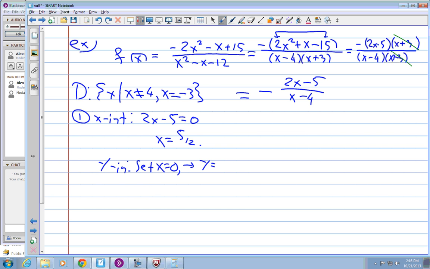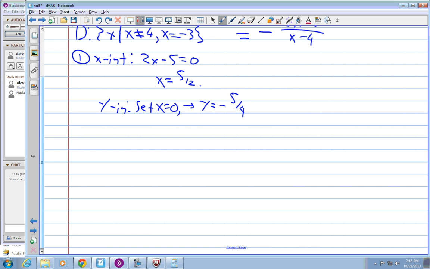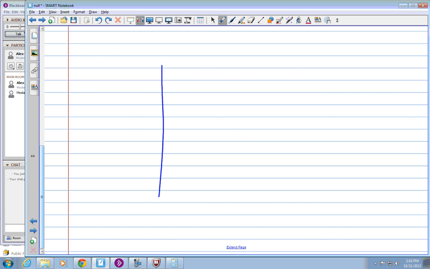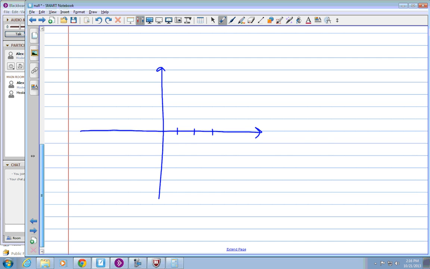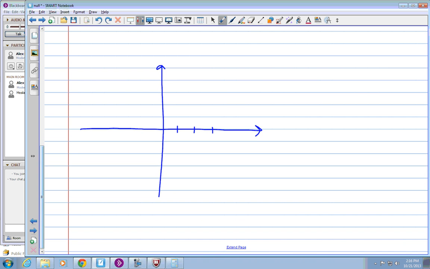So we'll get y equals negative 5/4. So again, I can start sketching this thing. What was the x-intercept? Positive 5/2, so somewhere here. The y-intercept is negative 5/4, so it's 1 1/4, so somewhere there.